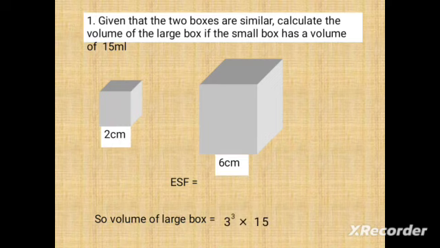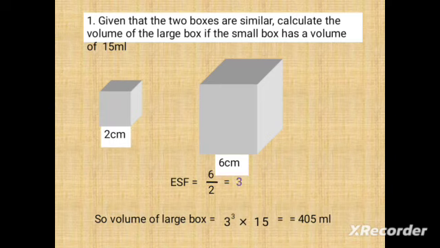That is the scale factor. And so to find the volume scale factor, we say volume scale factor is equal to linear scale factor cubed. So we are going to take 3 cubed times 15 so that we get the volume of the larger box. That will give us 405 milliliters.